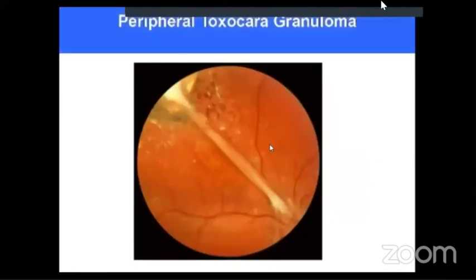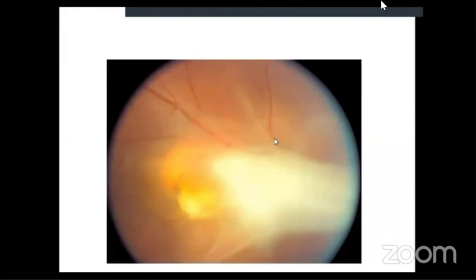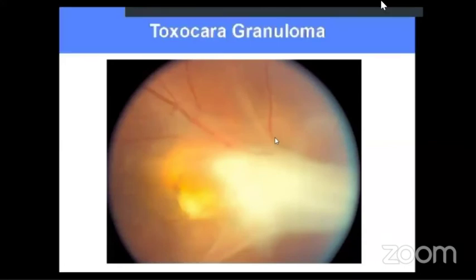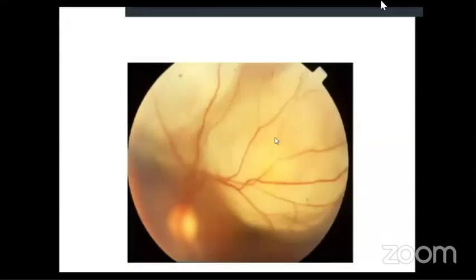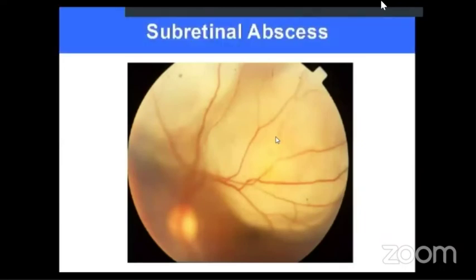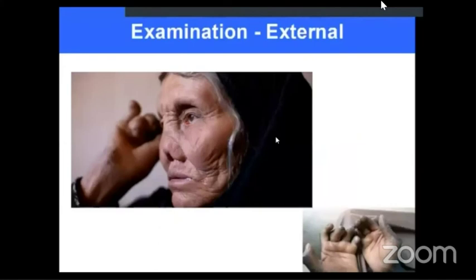Toxocara scarring, leading to posterior segment complications like retinal detachment, tractional retinal detachment, and disc heterotopia. Deep retinal abscess due to tuberculosis.